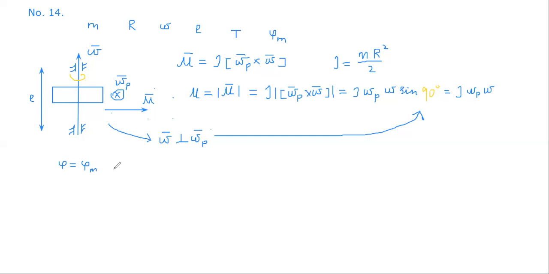Phi is equal to the amplitude phi m multiplied by cosine of 2 pi divided by the period T multiplied by time, plus some initial phase alpha.